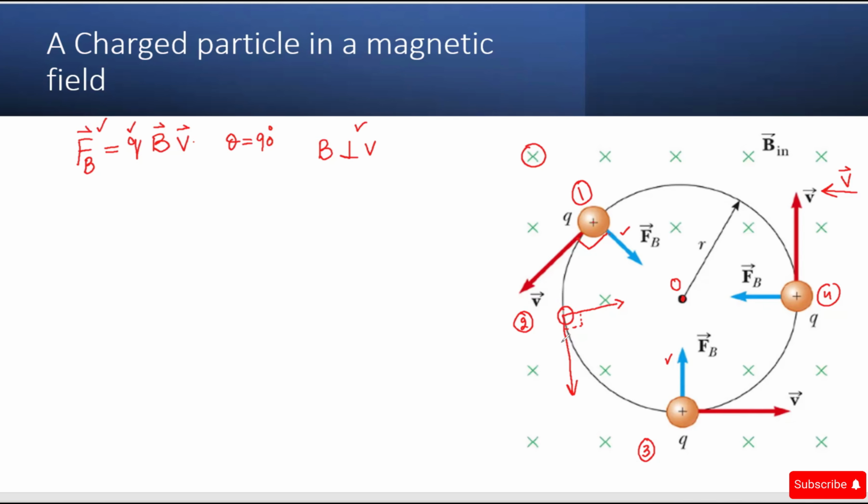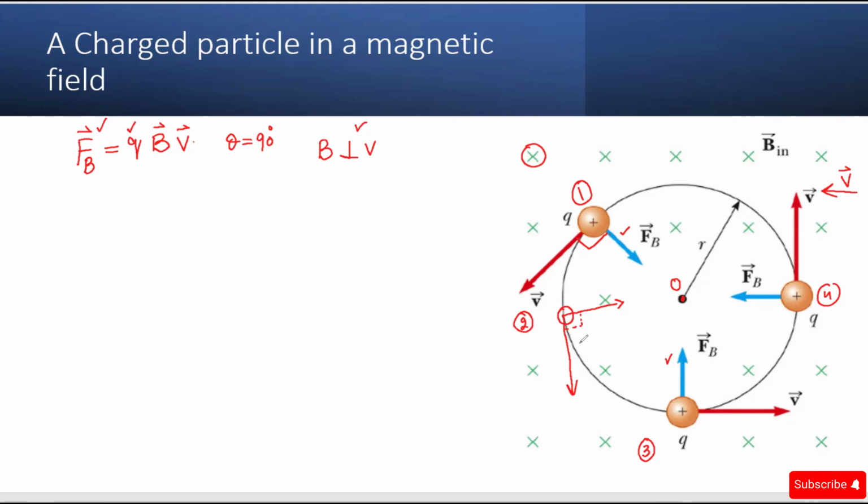It is just moving in a circular path. The magnetic field is just changing the direction of the charged particle, bending it, and as a result the charged particle moves in circular motion.